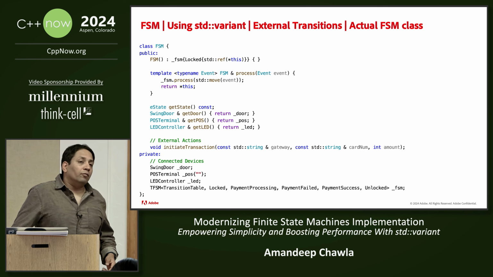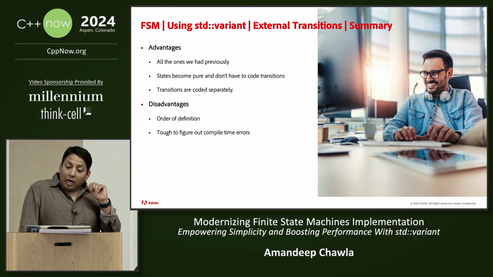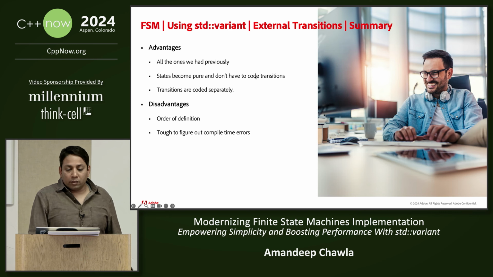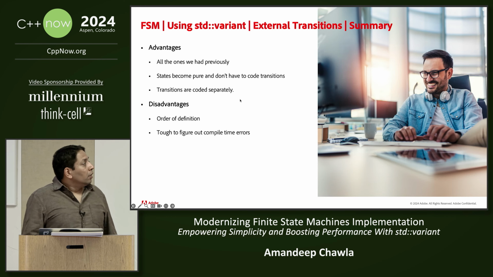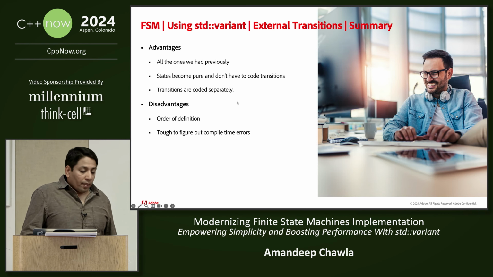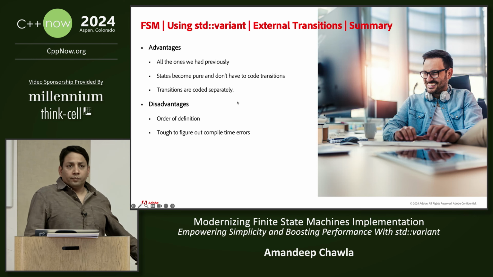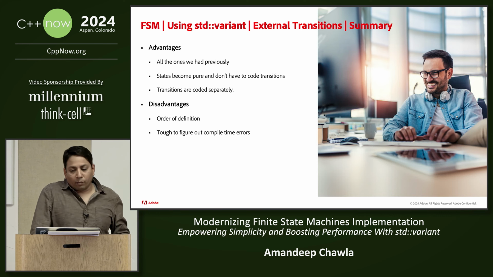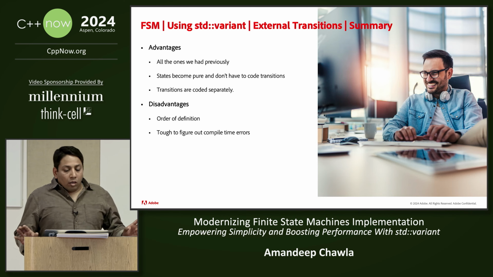You can have a constructor which doesn't even need that. So it has all the advantages which we had previously. The states become much more pure and don't have to deal with state transitions. Transitions are coded separately. The disadvantages remain the same as last time: the definition has to go at the end, and you might run into compile time errors.